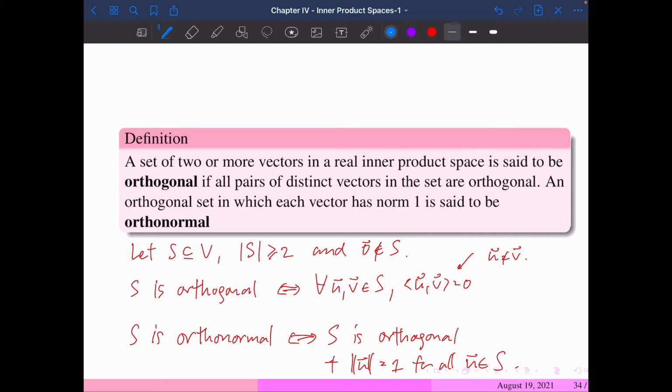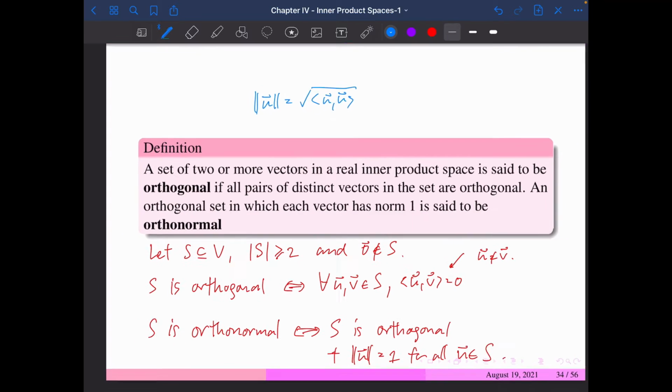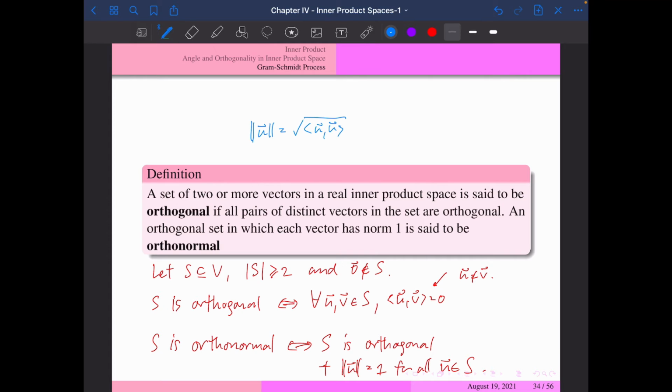The norm of the vector is the square root of the inner product of u and u. So this is the definition of the orthogonal set and orthonormal set.